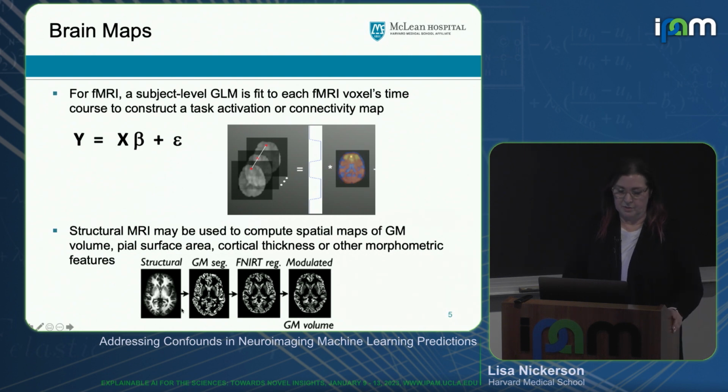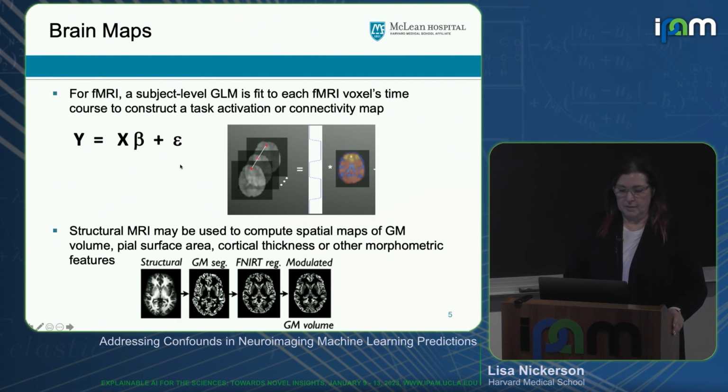For structural MRI, for example, a structural image may undergo segmentation, nonlinear registration, and then that information is used to calculate a gray matter volume map. For fMRI, you take the time series and you do some statistical modeling to calculate a brain activation map or a brain connectivity map.